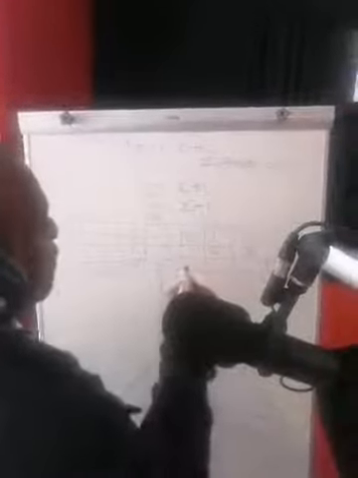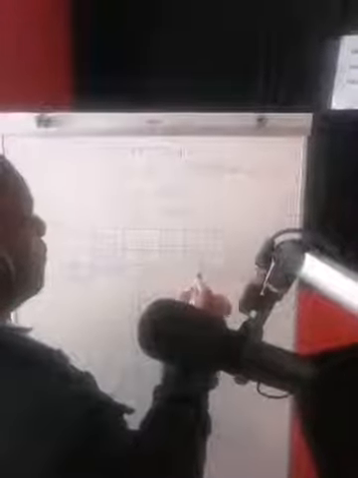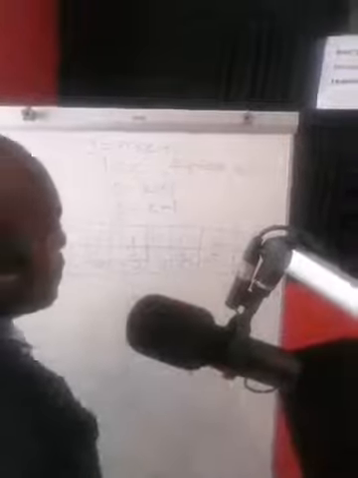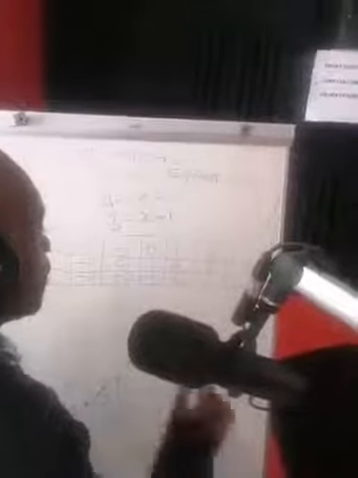If I put 0, I'm going to have -1. If you put 1, I'm going to have 1 minus 1, which is 0. And if you put 2 where there's x, you're going to have 2 minus 1, which is 1. Then we are done with this one.